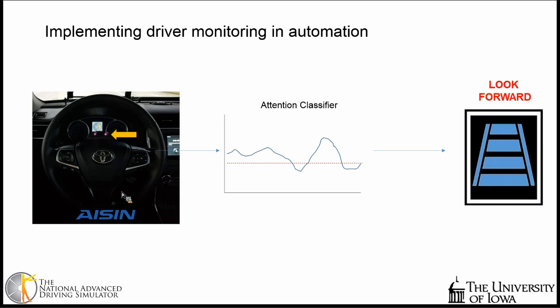And then there was a white ring that you can see in the graphic that showed up around that blue graphic. So the white ring plus the look forward message were indicators to the driver, in addition to an audio component, to look up. And that alert is different than the takeover request that you heard in the previous video.